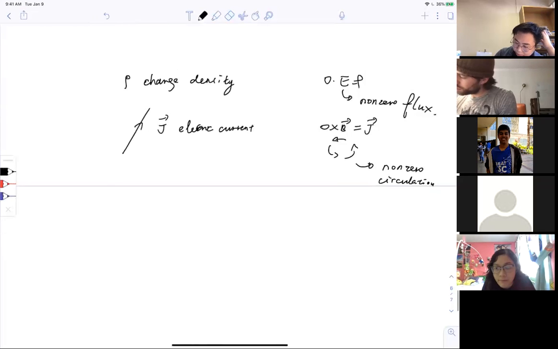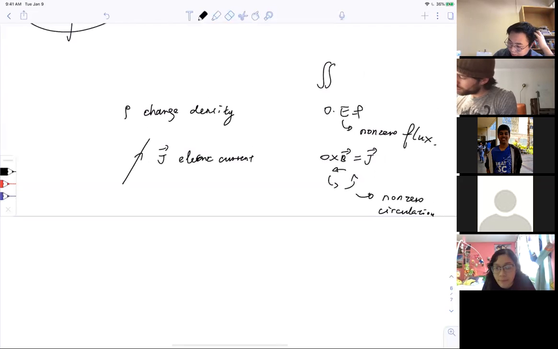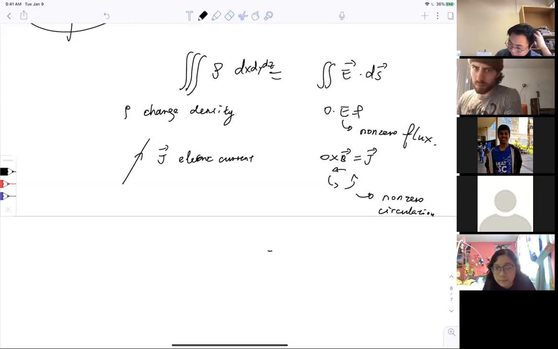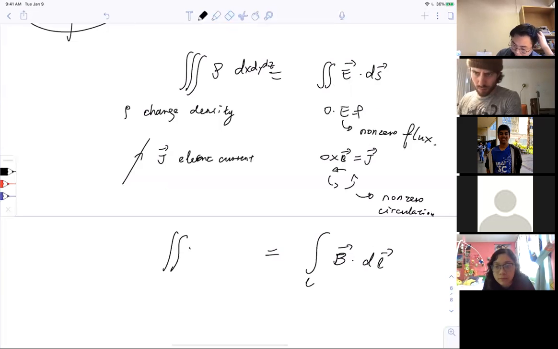And also the total flux, remember the total flux equals the total charge inside that surface, right? Similarly, the total circulation equals the total circulation density in that loop. So you can see there's a one-to-one correspondence.